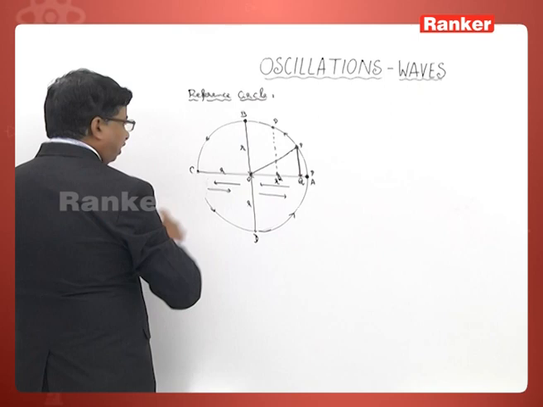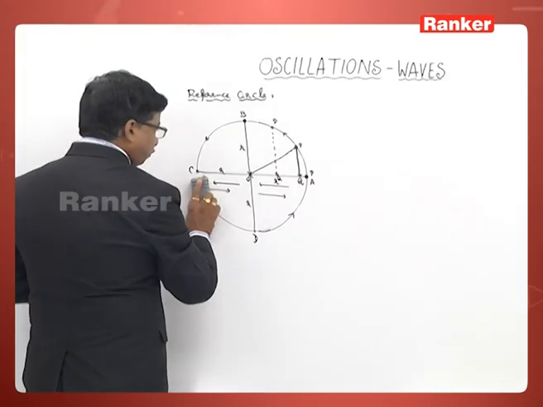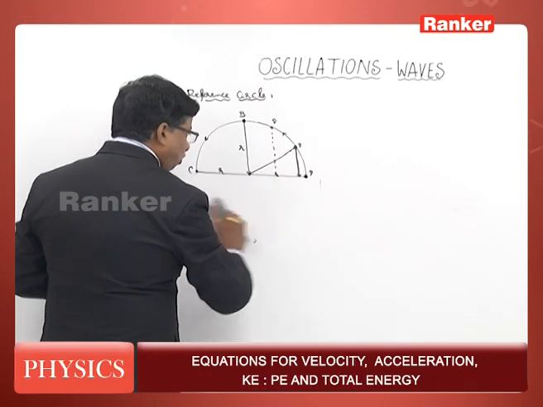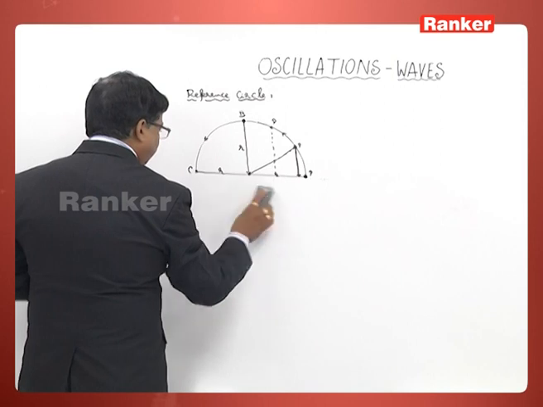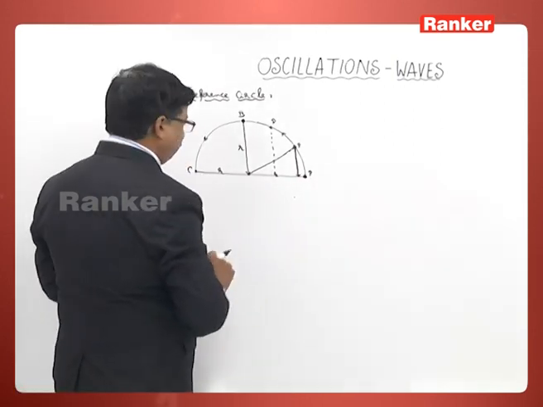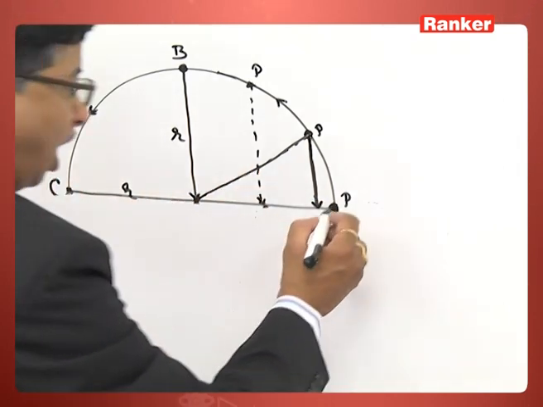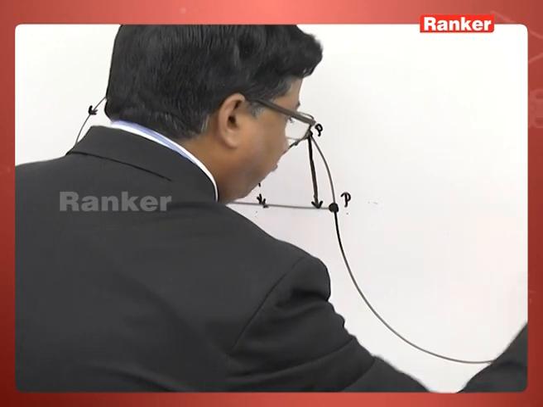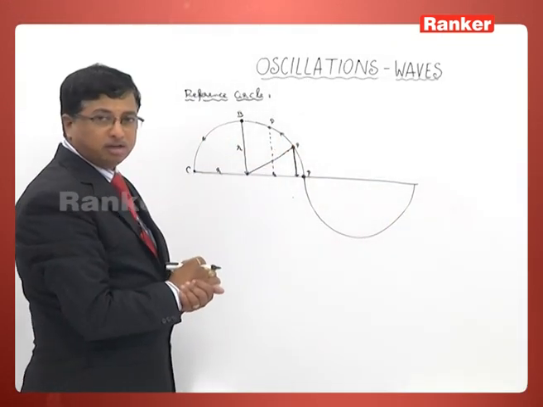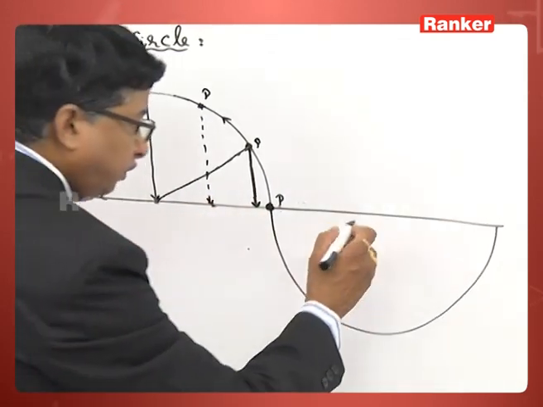If I just cut the lower half of the circle and reverse that one, this is one way to make everybody understand the relation between circular motion, oscillatory motion and wave motion as such. Suppose I cut the lower half of the circle and reverse it like this, just observe carefully what we are getting. The lower half is cut like this and is reversed this way.